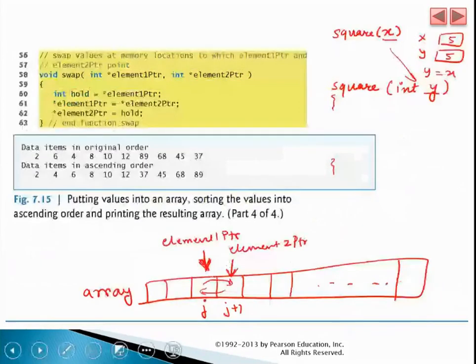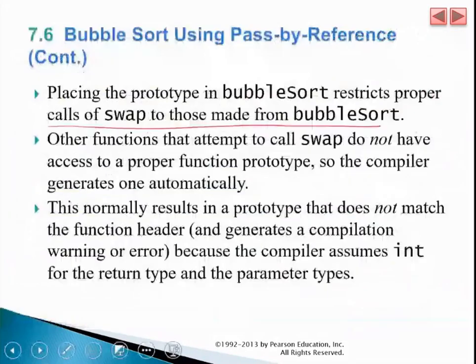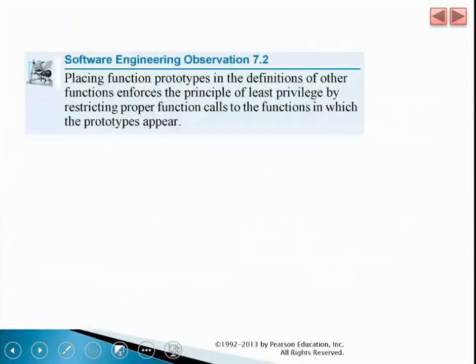You have to define all the things, right? If another function attempts to call the swap, it does not have access to the proper function type, and therefore the compiler will take care that it will not access our swap function, right? So placing a function prototype in the definition of another function enforces the principle of least privilege.